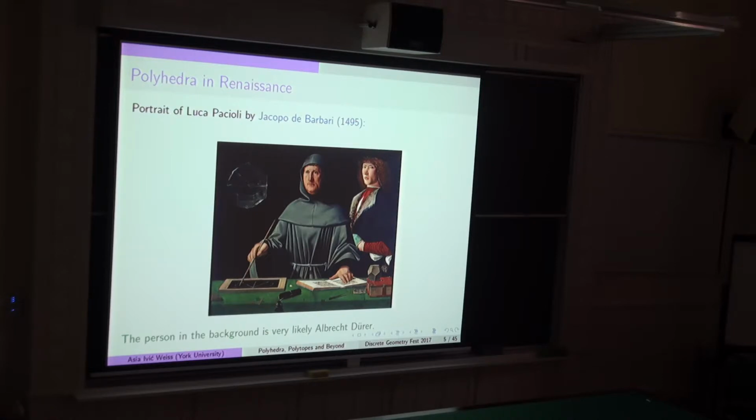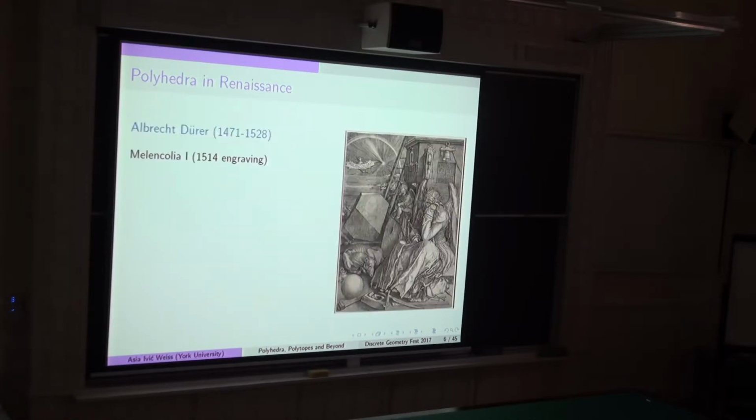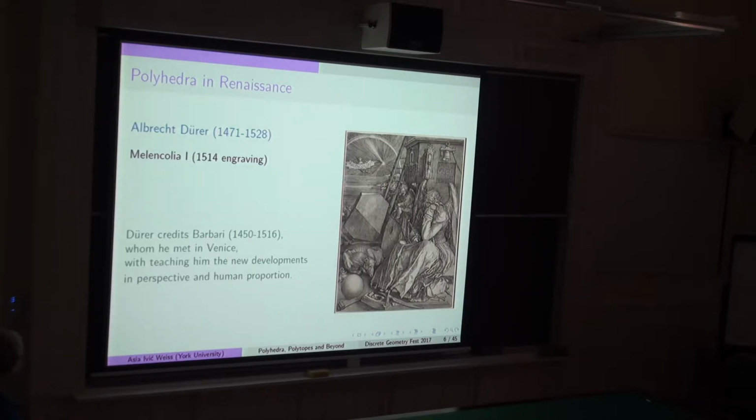Jacopo de Barbari was in Venice for a while. He left Venice in about 1500 for Germany, and he is credited with introducing the Italian Renaissance to Northern Europe. In fact, he and Albrecht Dürer knew each other. And here is, of course, one of the quite well-known engravings, Melencolia I, by Albrecht Dürer.